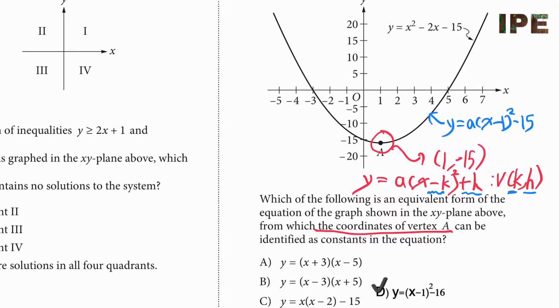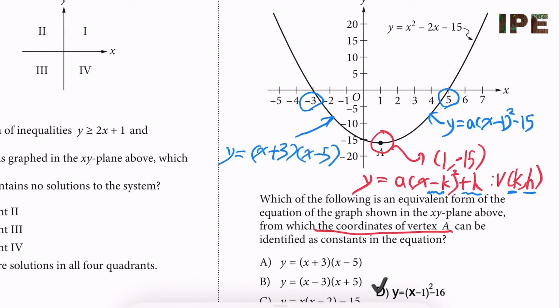But if you want to find a, plug in any point on the graph for x and y, and then find a. Don't confuse another form of that graph, which is what? Intercept form. Intercept form means use the x-intercepts, which are -3 and 5. So y equals a times two factors, since the zeros of this function are -3 and 5: (x plus 3) and (x minus 5).